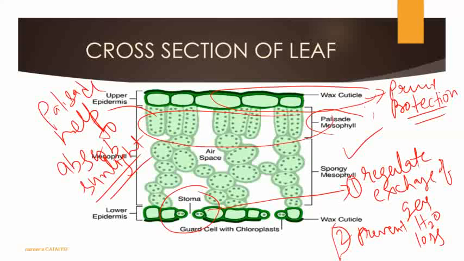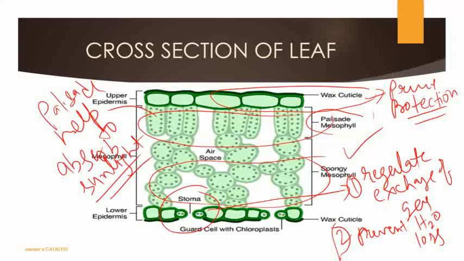And the lower spongy layer, you can see here. This is what? Spongy layer. There are lots of spaces in between them. The stomatal pore and the guard cells are present here. This spongy layer helps in the exchange of gases. This is the lower epidermal part, which helps in the exchange of gases and water. All this process is completed by this cross section of the leaf.